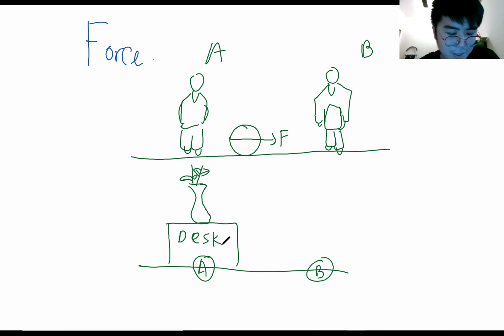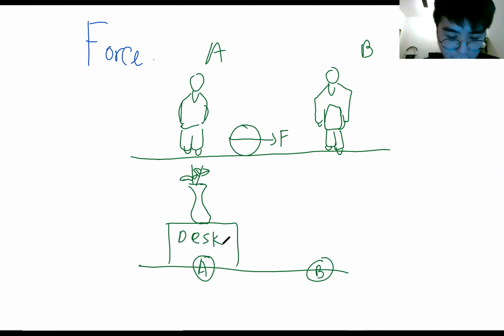He will push the desk, right? Just push the desk from point A to point B. In this case, we say that the person applied a force on the desk in order to shift it. So this force applied is nothing but a push.